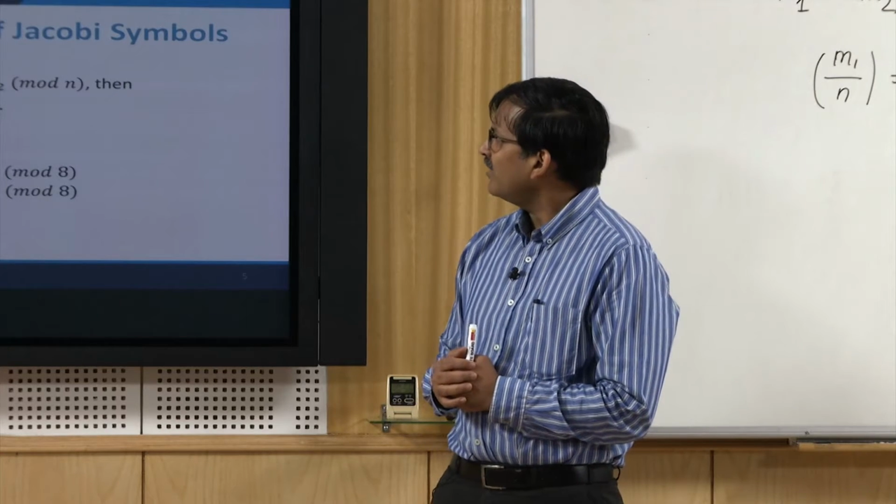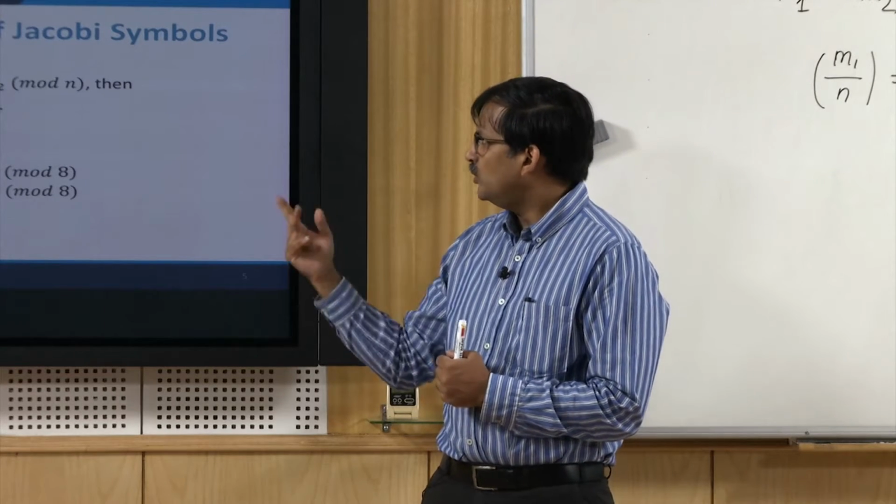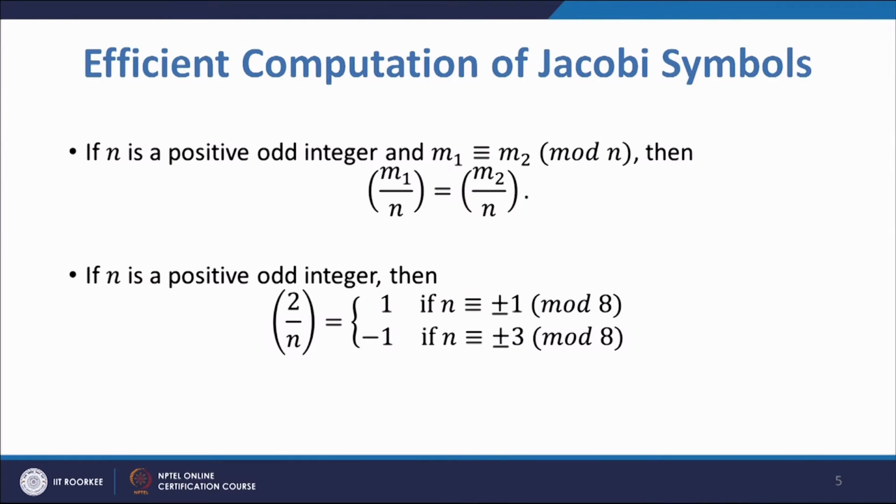So, if we have 2 upstairs, then 2 by n, that is the Jacobi symbol of 2 modulo n, is going to be 1 if n is plus or minus 1 mod 8, and is going to be minus 1 if n is plus or minus 3 mod 8. This is very useful, we must remember this.